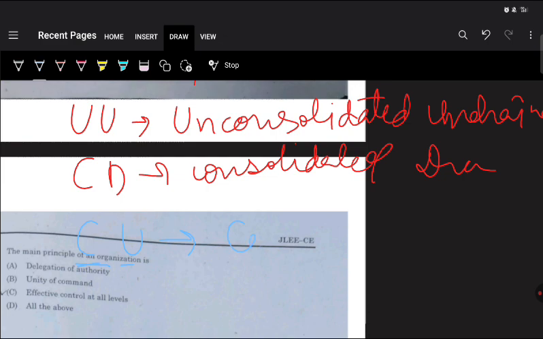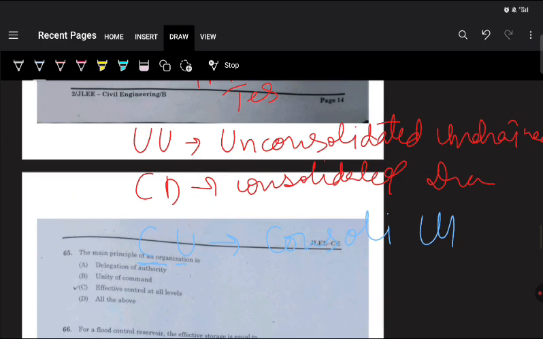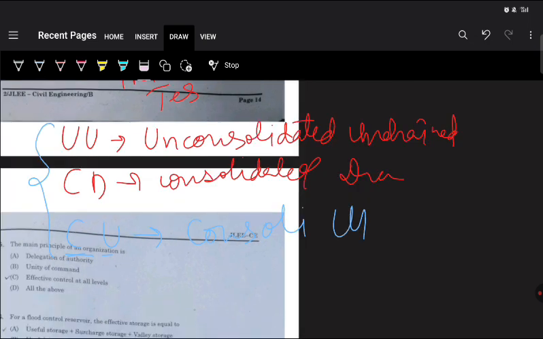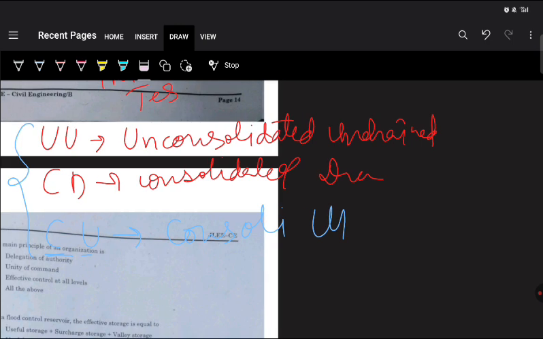What is the unconsolidated undrained test? When drainage is not allowed during the test, that is called the unconsolidated undrained test.